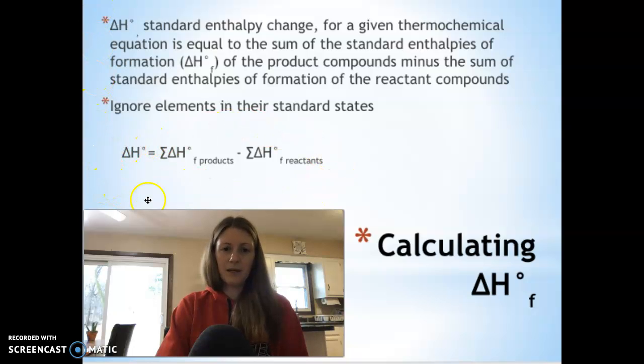This right here is our big long equation. These symbols right there are called sigmas, and they represent the sum of. So you take the sum of the enthalpies of formation of the products minus the sum of the enthalpies of formation of the reactants to get that enthalpy change for the reaction itself.